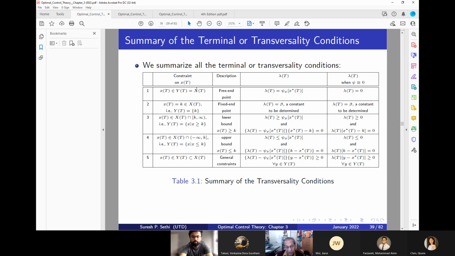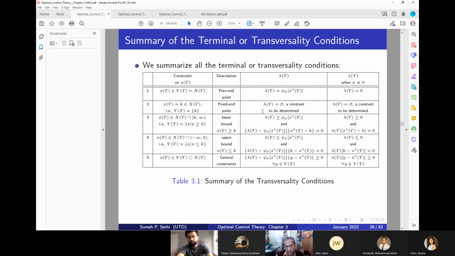The fifth row covers 1, 2, 3, 4, all of them. The condition for the fifth row is somewhat more general, and if you put this condition in the fifth row, you should be able to derive the fourth row.